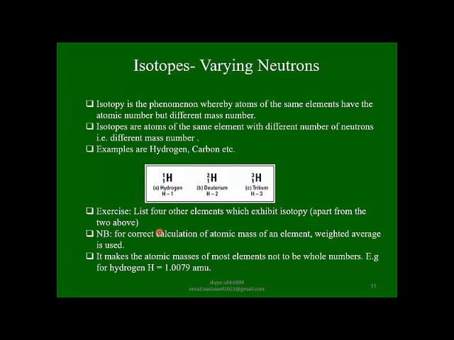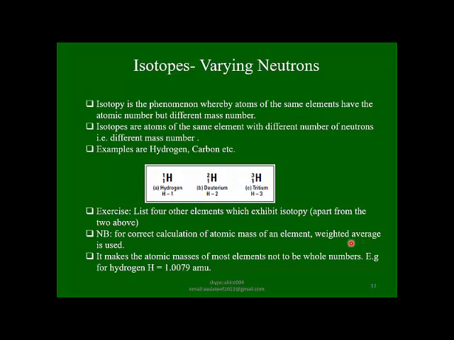And we should note that for correct calculation of the atomic mass of an element, weighted average is used. These are the atomic masses of hydrogen. This is 1, 2, and 3. But in actual sense, they are not whole numbers. They are something like decimals. There are decimal points after these whole numbers. This is because of the weighted average. What is weighted average?